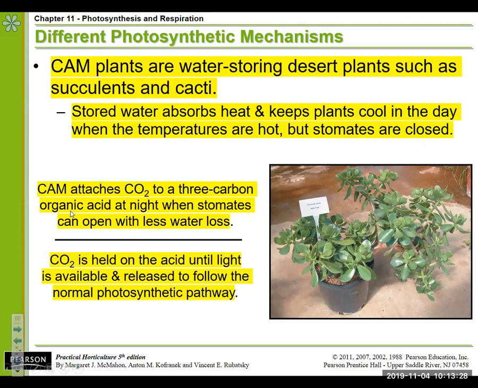So the stomata are opening at night, meaning that basically they lose less water. And that carbon dioxide is held onto that acid until that light is available and released the following day as part of the regular photosynthetic pathway. So they have slower growth because of this, but they're able to continue to grow and photosynthesize and respire even in very arid conditions.